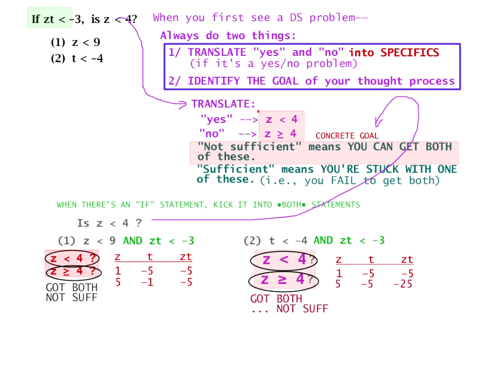And then we try to combine them. So notice if you combine them together, now we know both items and we still know the green thing. So together, now there are 3 conditions: z has to be less than 9, zt has to be less than -3, and t has to be less than -4.